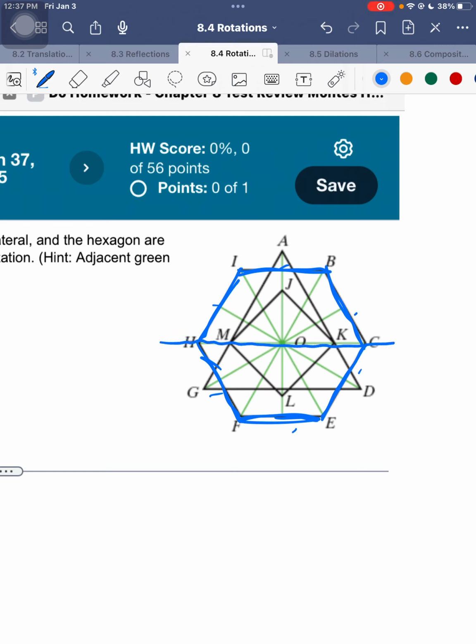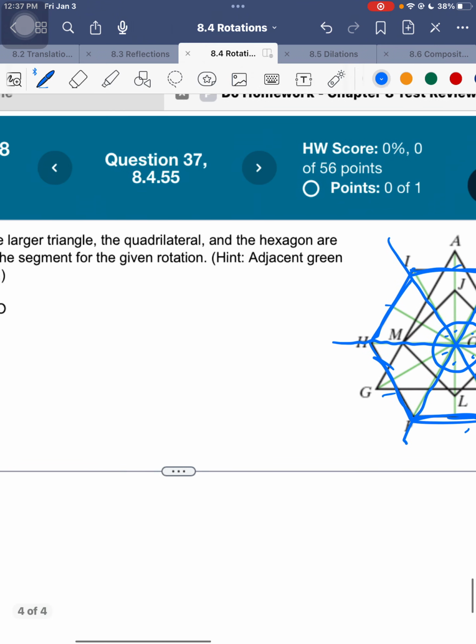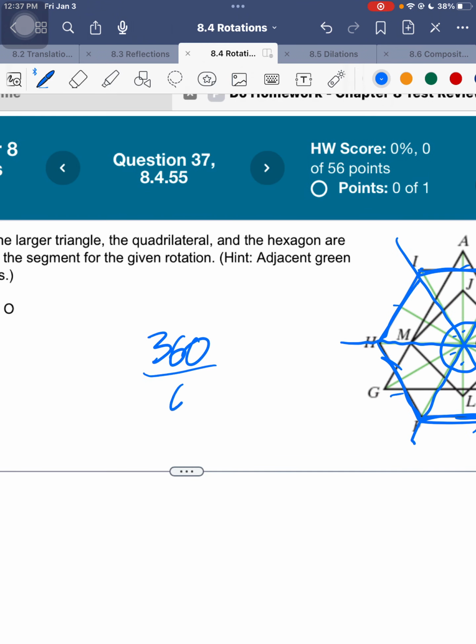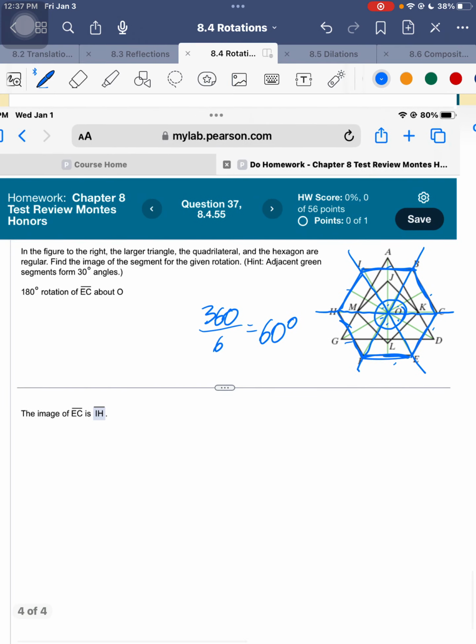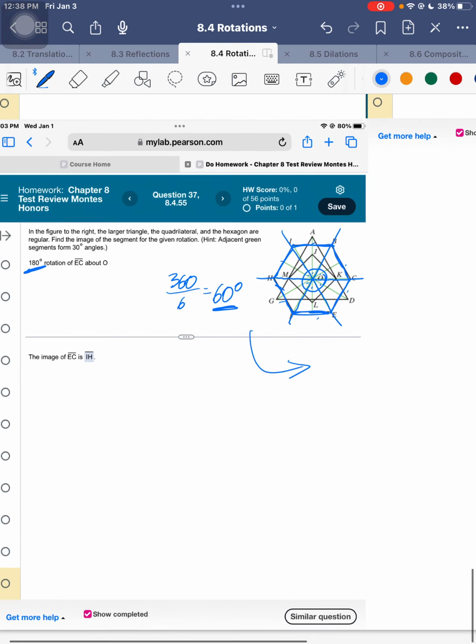So this hexagon is going to have this amount of angle of rotation. What is 360 divided by 6? I think we've done this already. It's 60 degrees. So how many times do I have to rotate this counterclockwise so that this 60 degrees will match this 180? Well, 60 plus 60 plus 60, that's 180, okay?